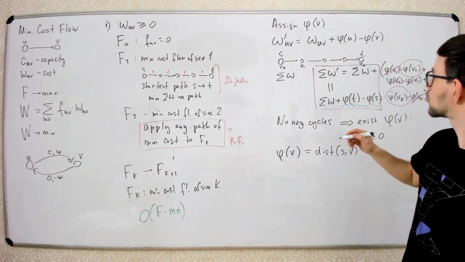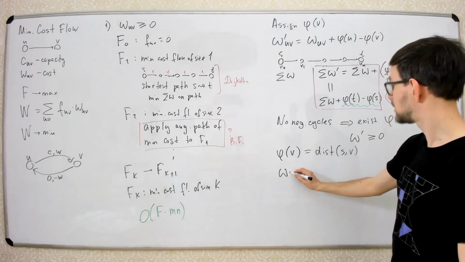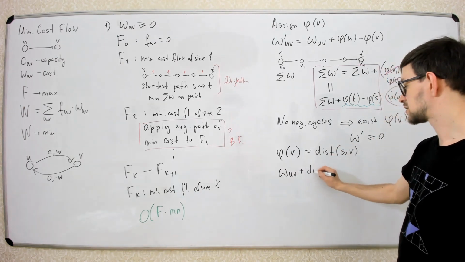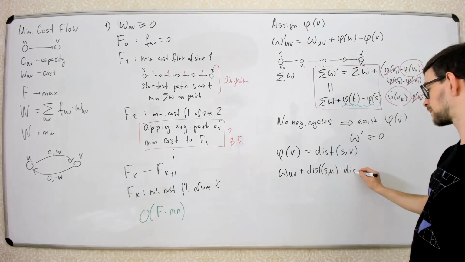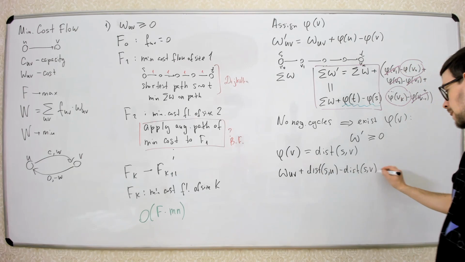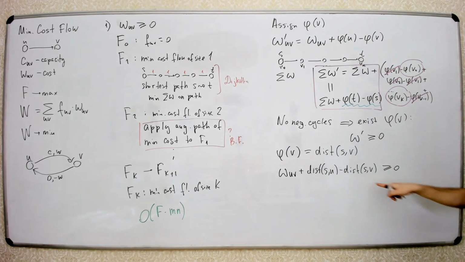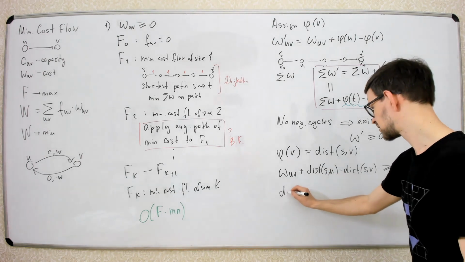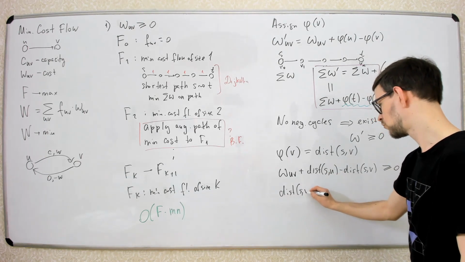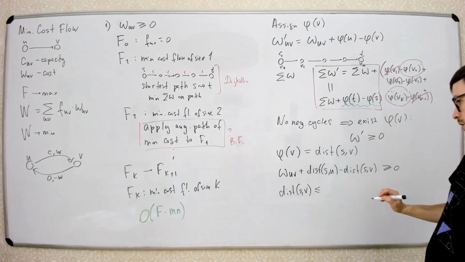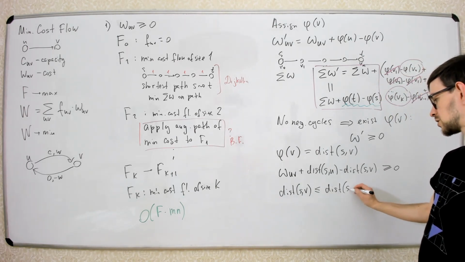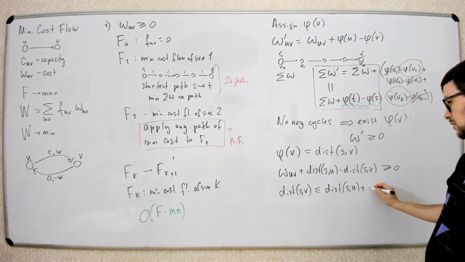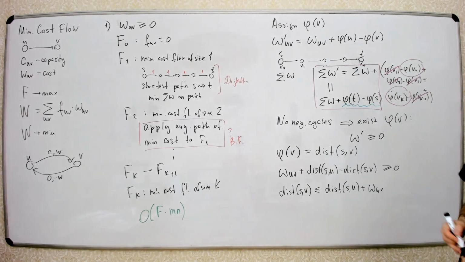I want to prove that the weight of the edge plus distance from S to U minus distance from S to V is non-negative. Let's push this to the left and reverse it. So the distance from S to V is no greater than the distance from S to U plus the weight of the edge UV.